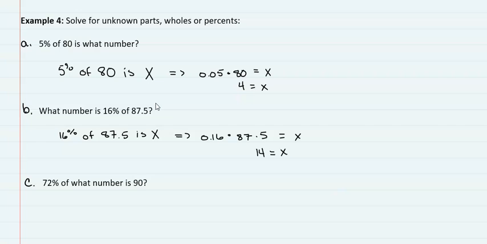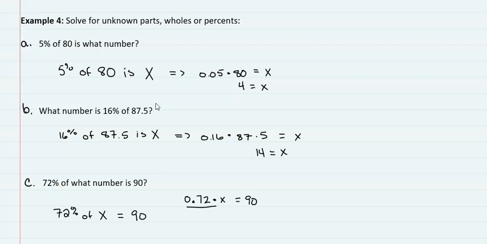Okay, the next one, 72% of what number is 90? So we get 0.72 times x equals 90.